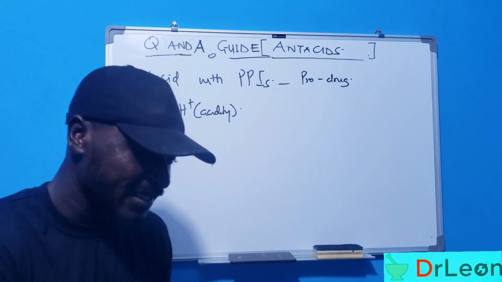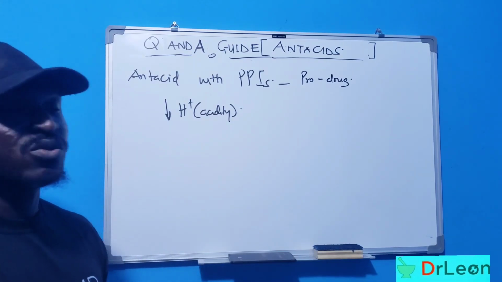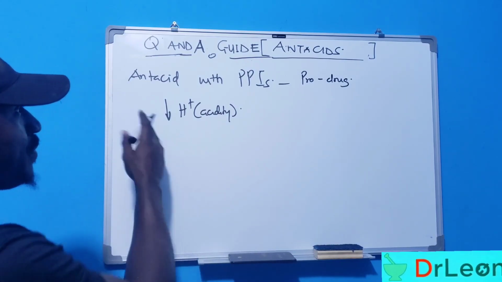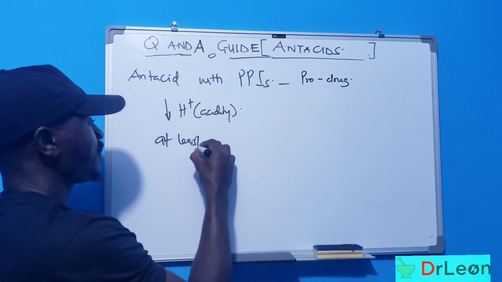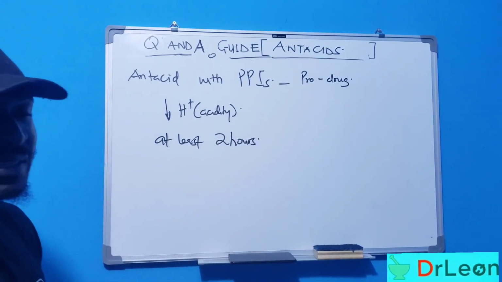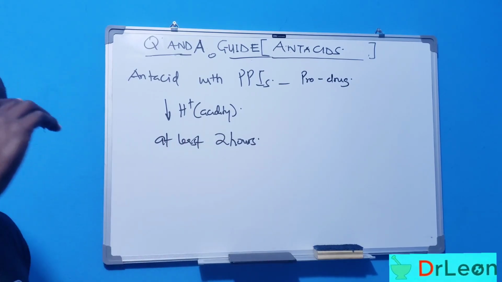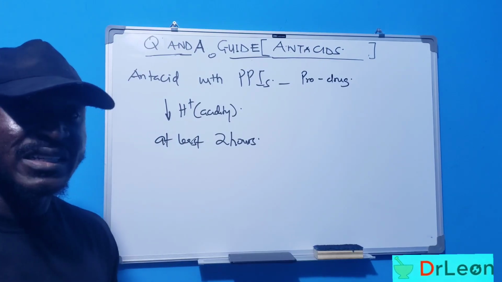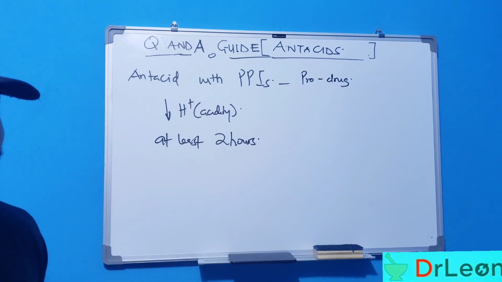So ideally, whenever you are giving antacid and proton pump inhibitor, in order to ensure effectiveness of the proton pump inhibitor, you space the administration at least 2 hours. So you give your proton pump inhibitor, 2 hours later you give your antacid, so that your proton pump inhibitor will be activated and will function before you give your antacid.